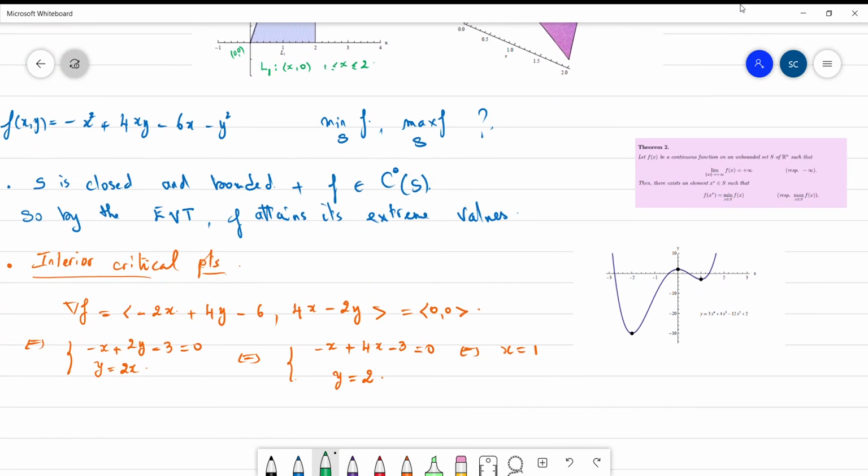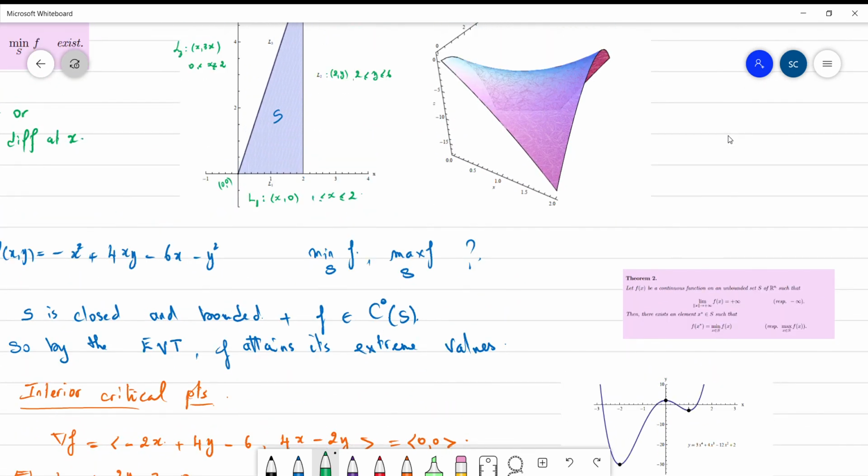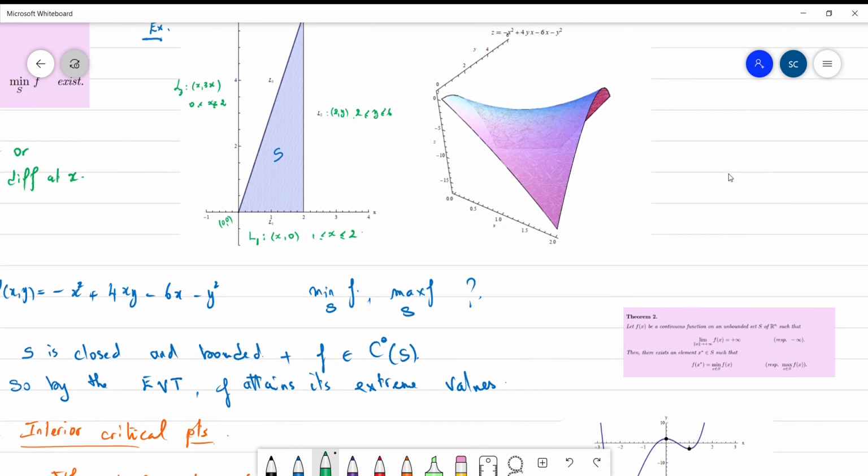Now what we wanted to check is whether the point we found, 1, 2, is on the line.